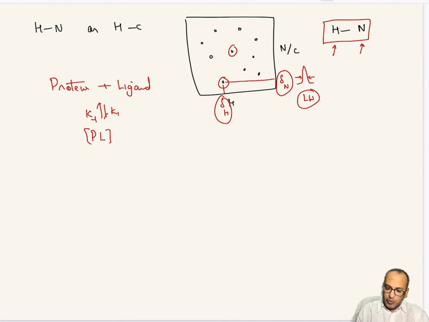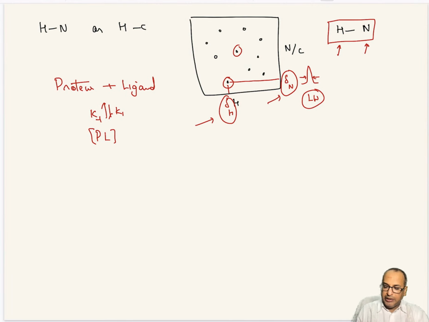That defines what kind of change will happen in these three parameters. We'll not go into the depth of these time scales, but what we are trying to see is that these peaks can act as reporter peaks for any structural perturbation or any dynamical perturbation.